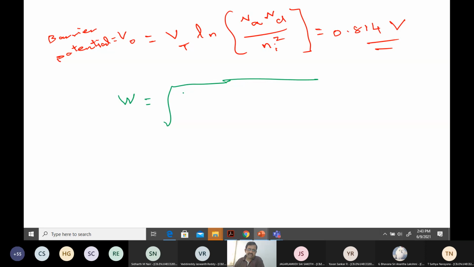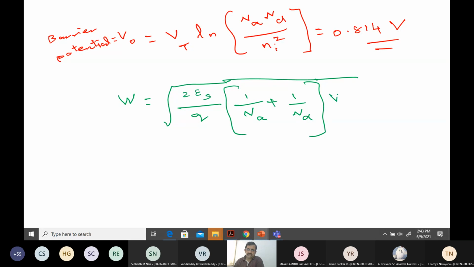Make sure I have written the formula correctly: W equals the square root of 2 epsilon S by Q, times 1 by Na plus 1 by Nd, times V naught.